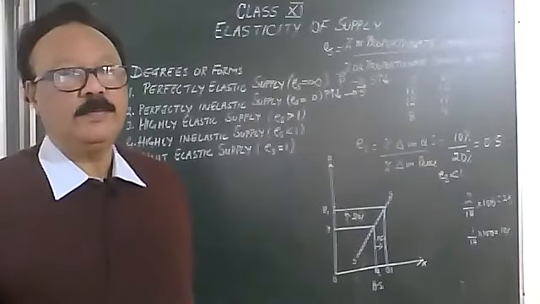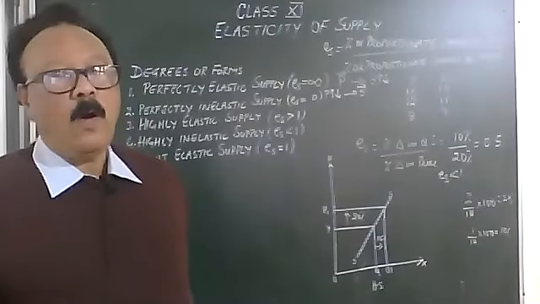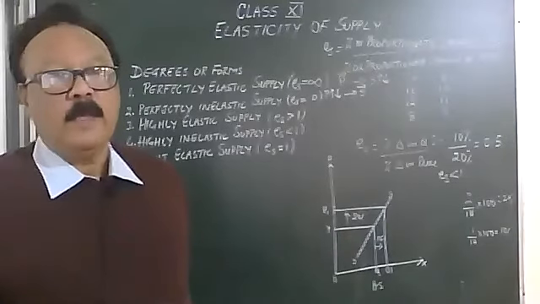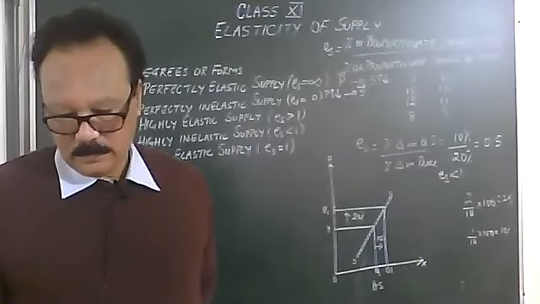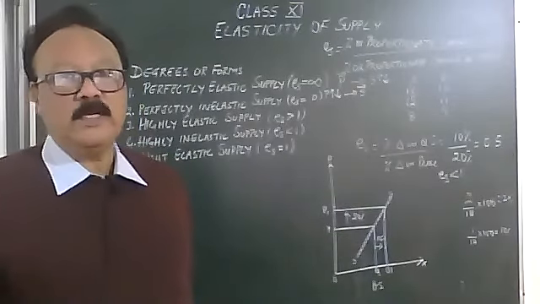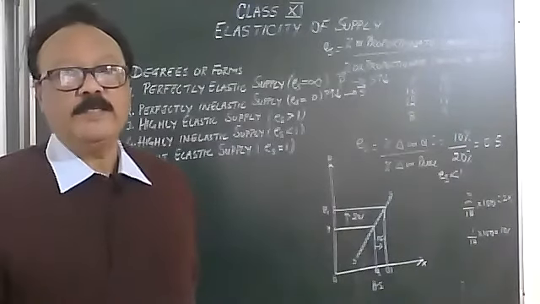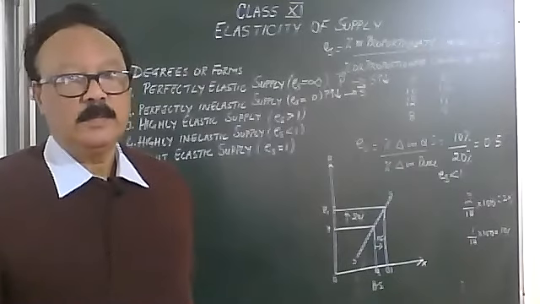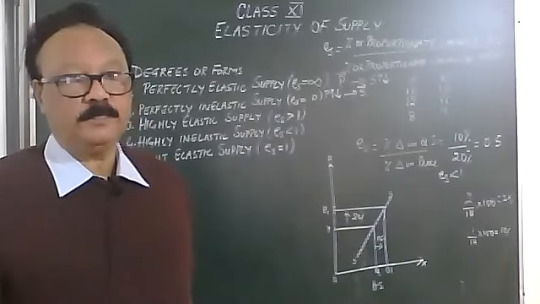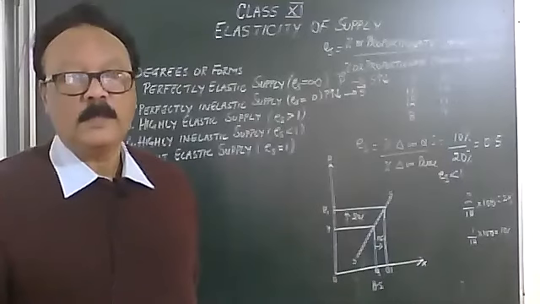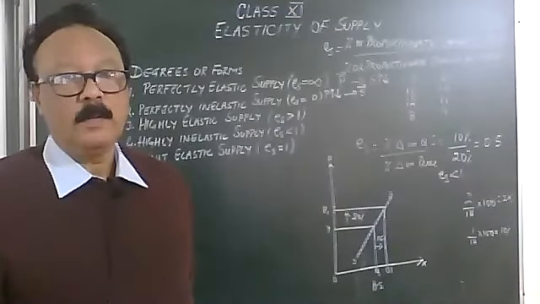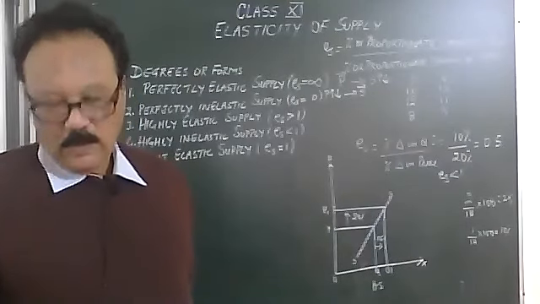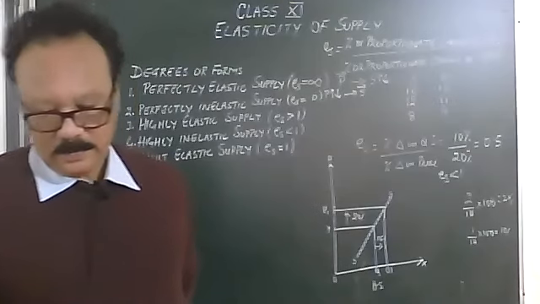When the percentage or proportionate change in quantity supplied of a commodity is equal to the percentage change in its price, then it is termed as unit elastic supply.